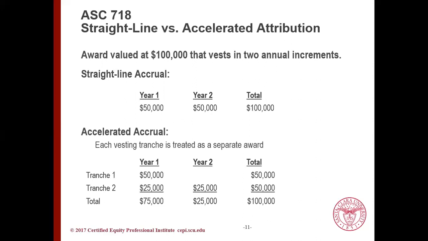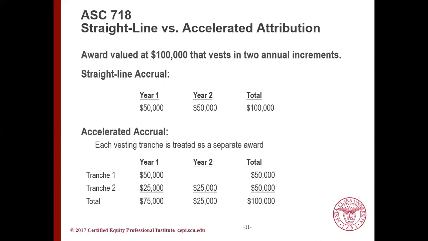So for the first vesting increment, that's an award that vests in 1 year. We're going to record all $50,000 of expense in year 1. And for the second vesting increment, that would be an award that's vesting over 2 years. We're going to take that $50,000 and divide it up over that 2-year time period, and we'll record $25,000 of expense in year 1 and $25,000 of expense in year 2.